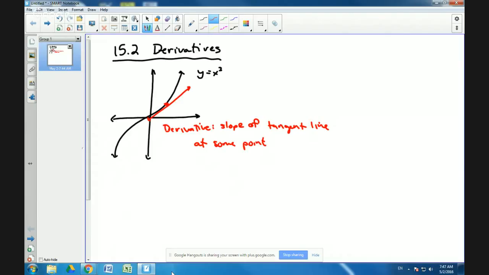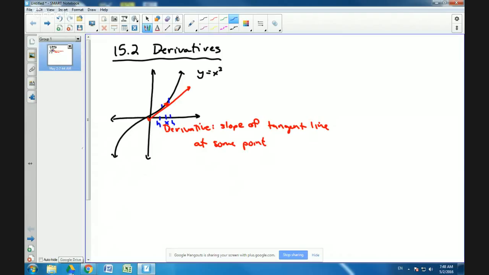The formal definition, basically what we have to do is we have some value that's really close. This is x, right? We're going to go some value h that's really close to x.